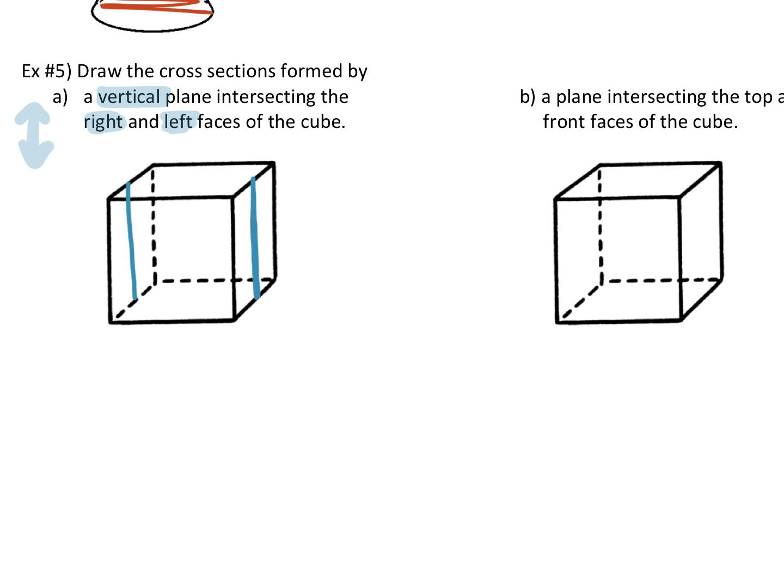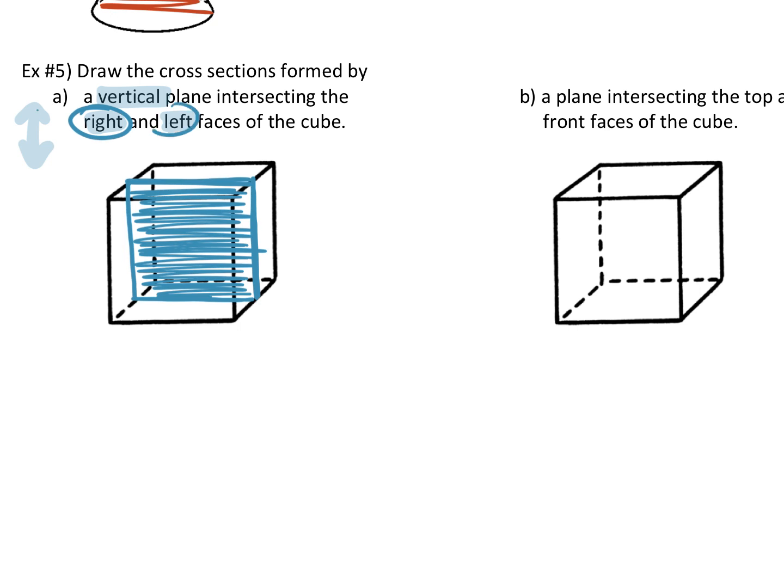That gives us our parallel lines, and then you just connect these and shade. So a vertical plane cutting through: you want parallel lines through the pieces, and then connect and shade.